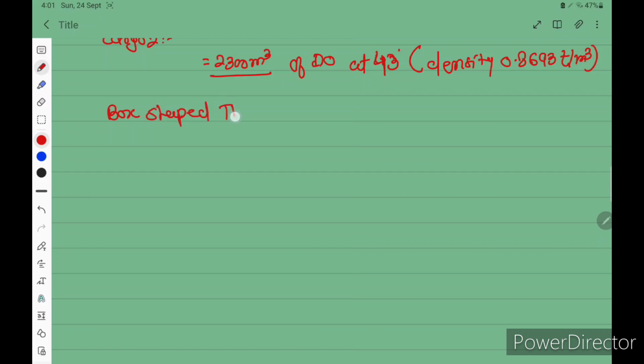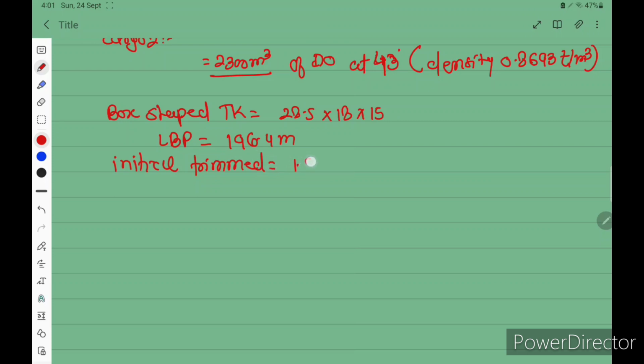Box shaped tank dimension was given: 28.5 meter length, 18 meter breadth, 15 meter height. LBP, length between perpendicular, is given 196.4 meters. Initial trim 1.2 meter by head. Listed 3 degree to port.